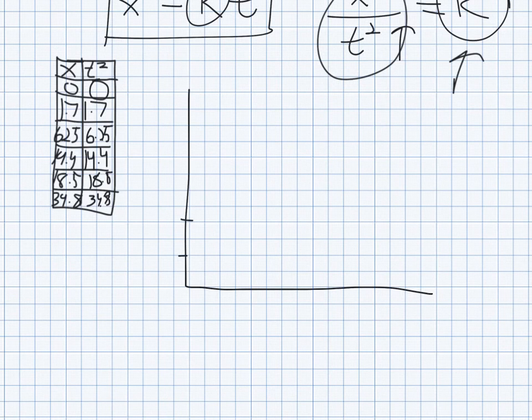5, 10, 15, 20, 25, 30, 35. But, I mean, you can see 0 is here, 1.7 and 1.7 is going to be here, 6.25 and 6.25 is going to be here, 14.5 and 14.5 is going to be about here.